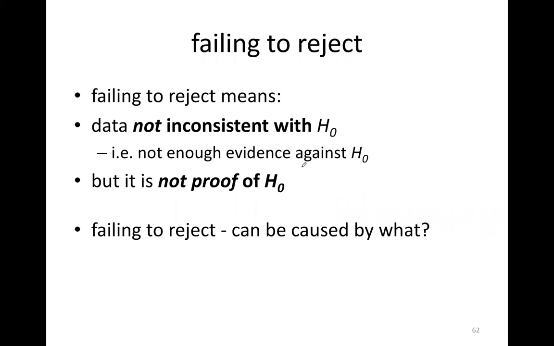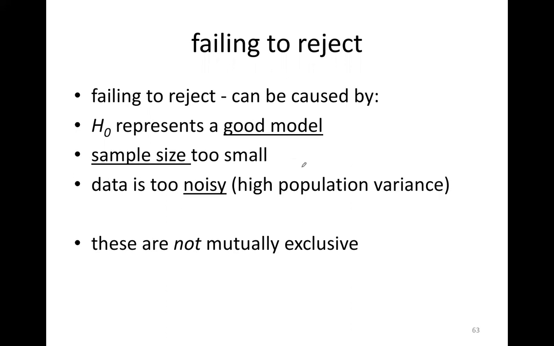But of course, an important thing: failing to reject can be caused by the null hypothesis representing a good model, but it could also be that the sample size is too small to reject.